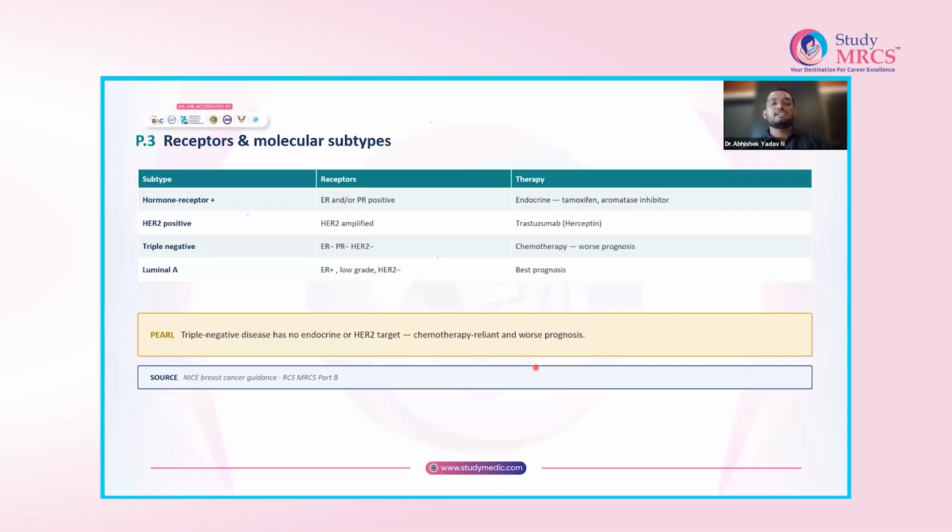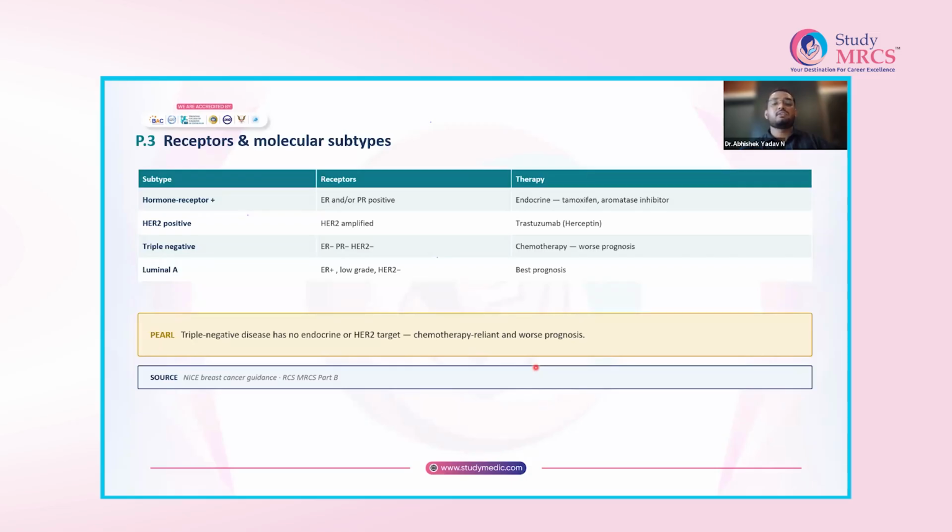If there is HER2 positivity, these are certain receptors present on the tumor cells. If they are Herceptin positive, then you're going to treat with trastuzumab or Herceptin. Then there is something called triple negative, where the tumors are neither hormone responsive nor HER2 responsive.